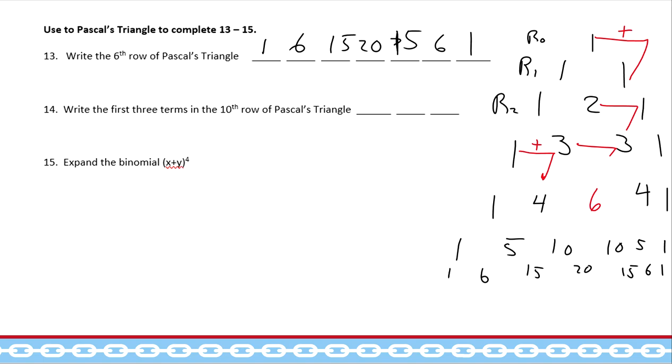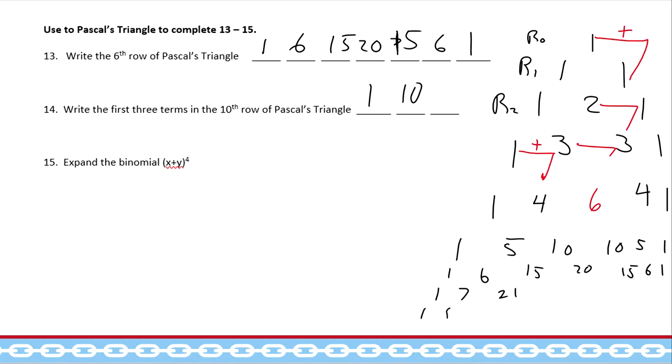To find the first 3 terms of the 10th row, we know that the first term is always 1, and the second term is always our row number. The third term is the one that's a little bit more work. And instead of building the entire triangle, all we really need to do is work on these first 3 terms. So the 1, 7. Well, 6 plus 15 is 21 for the third term in row 7.